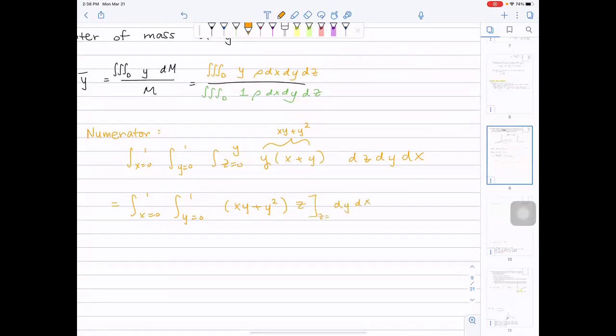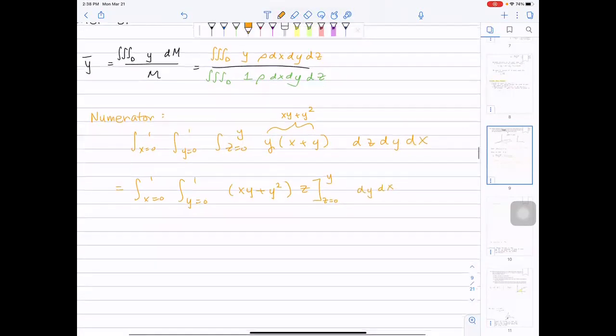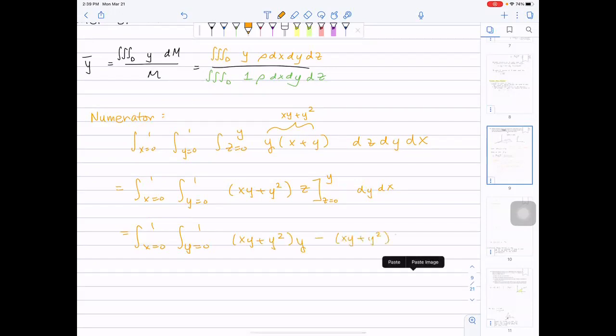And your z bounds are going from 0 to y. So let's simplify our expression. We plug in y anywhere we see z. This gives us xy plus y squared times y, minus, well, when you plug in 0 for z, that term just cancels out, dy dx.